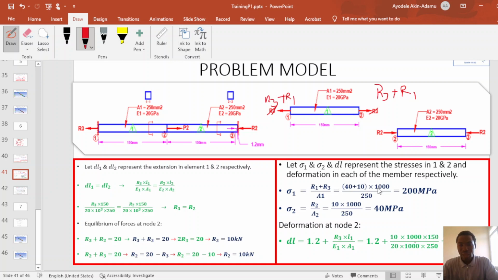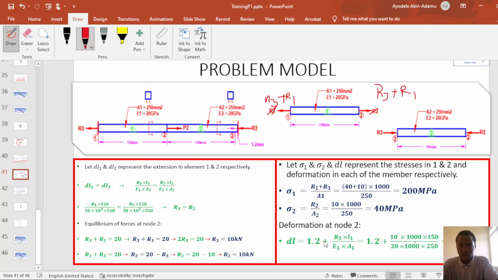To get the stress, just divide the force by the cross-sectional area, and the cross-sectional area is 250 mm square. So we get the stress to be 200 MPa. For element 2, the reaction force acting on finite element 2 is just R2, and R2 is 10 kilonewton. So we divide the force by the area, we get 40 MPa.